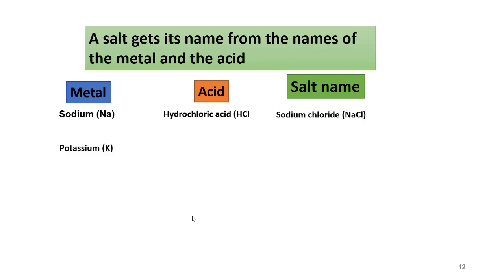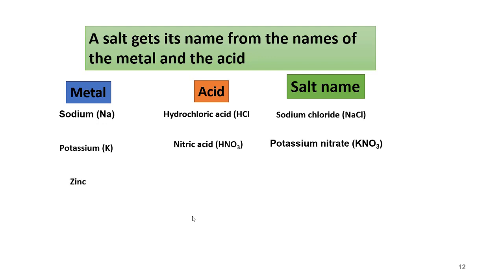Next one is potassium, which is a metal. It reacts with nitric acid to form potassium nitrate. Potassium nitrate is a salt, and it gets its name from the metal potassium and the acid, nitric acid.